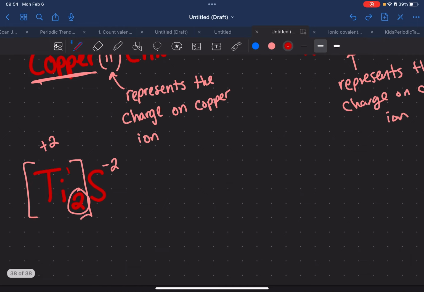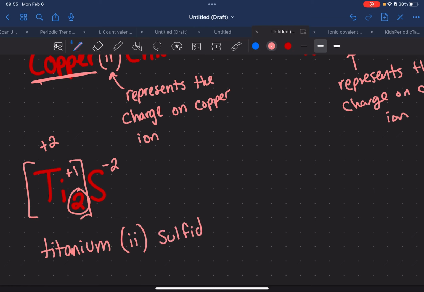Well, it must be +1. One of my titaniums has a +1 charge. And because I have 2 of them, that adds up to a +2 charge, which is how I cancel with my -2 charge on my sulfide. So when I name this, this is going to be titanium 2 sulfide.